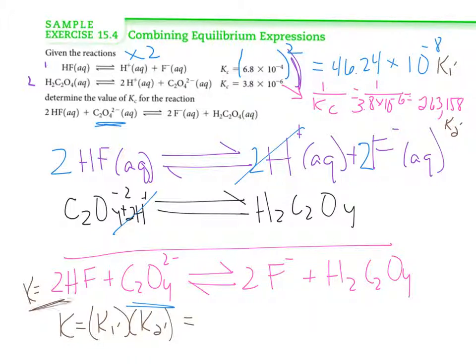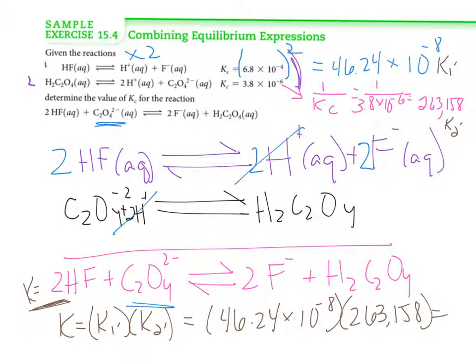So the equilibrium constant for this final reaction is 46.24 times 10 to the minus 8th times 263,158, which equals 0.12222. So that is our K for this reaction. We used all 3 steps to manipulate to find the equilibrium constant of this final reaction.